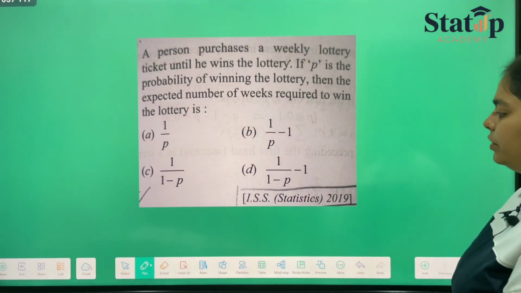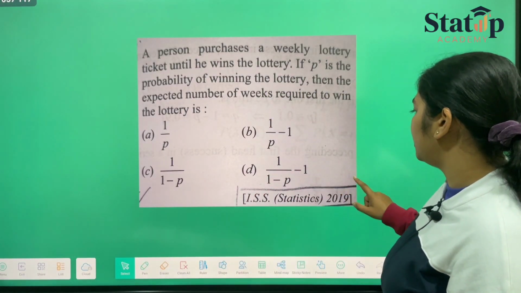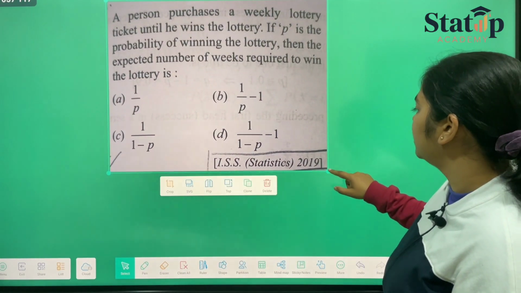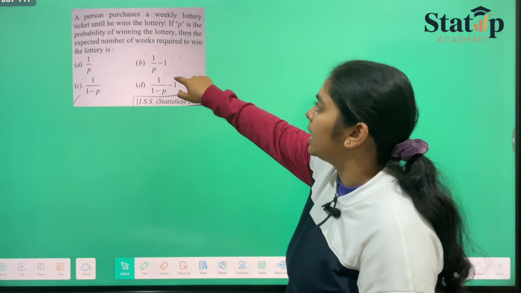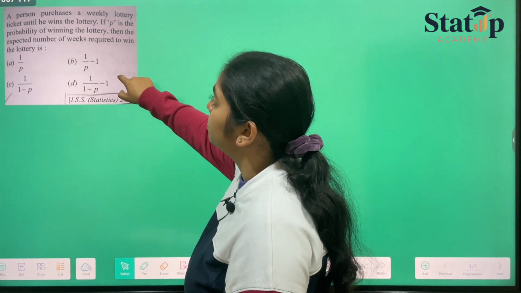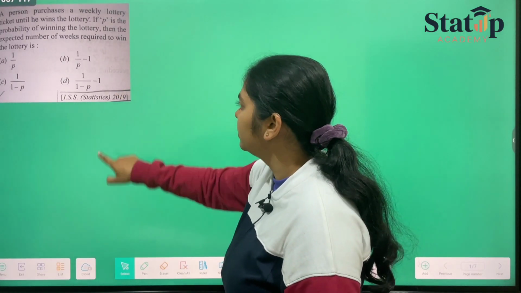Now moving forward to another question. This is one of your PYQs, and it has been asked in twisted language, so pay attention to this one.